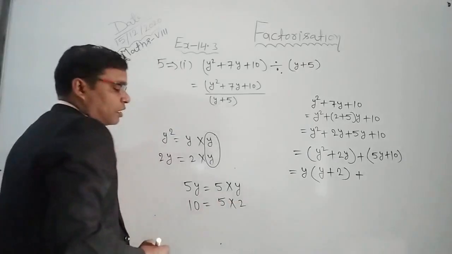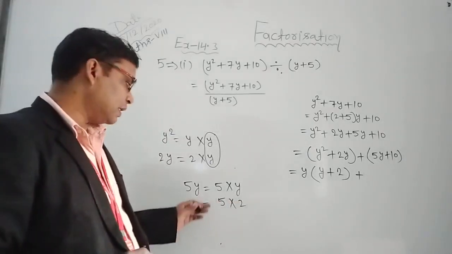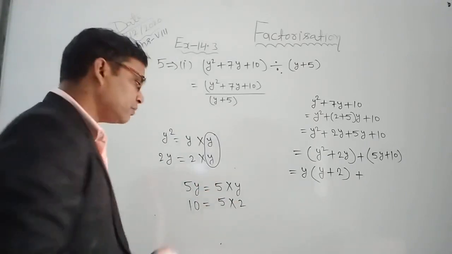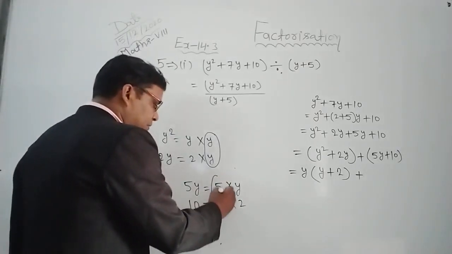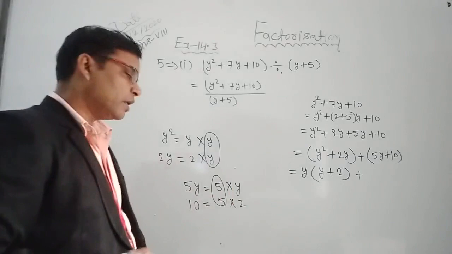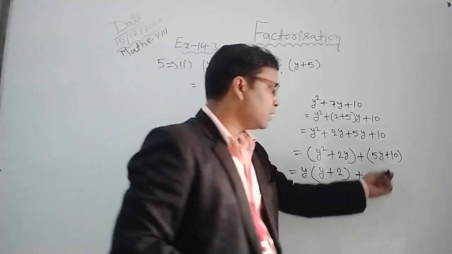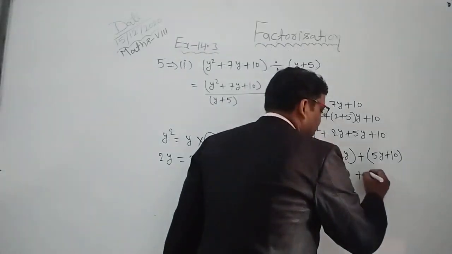This is clear. After this you notice here what is the common between both terms? 5 is common between both terms. You can take common 5. So in this way you can say in the second group 5 is common.